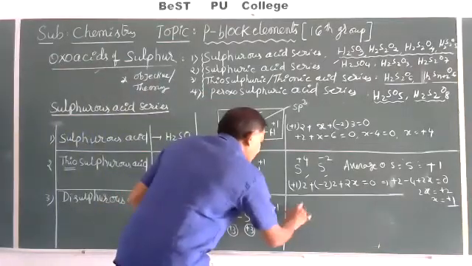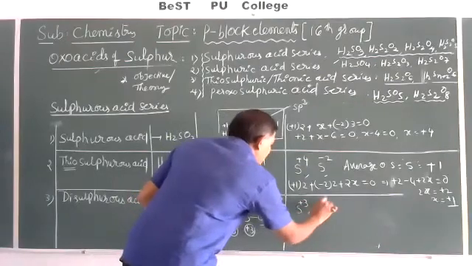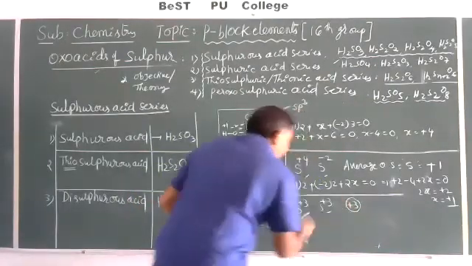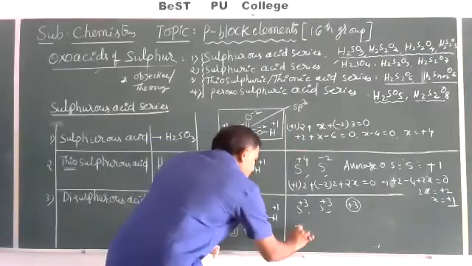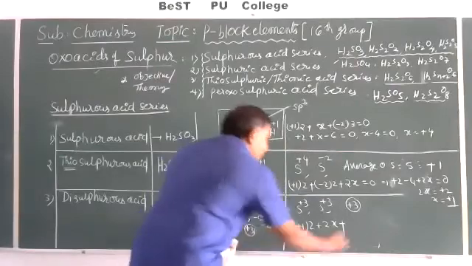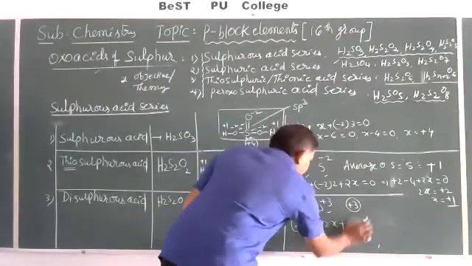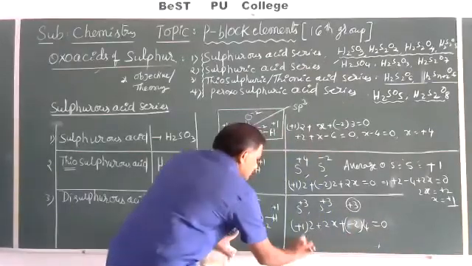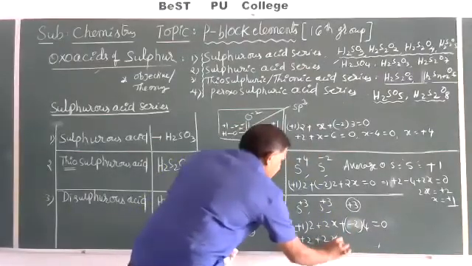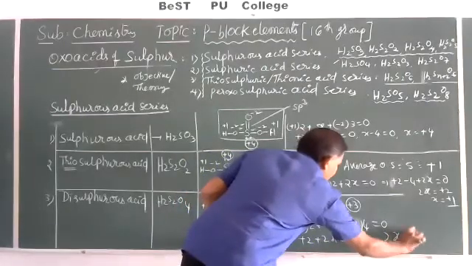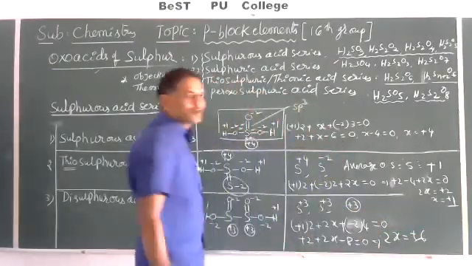We can take +1 into 2 hydrogen atoms plus 2 sulfur plus -2 into 4 equal to 0. That is +2 plus 2x minus 8 equal to 0. That is 2x equal to +6. Now x is equal to +3.